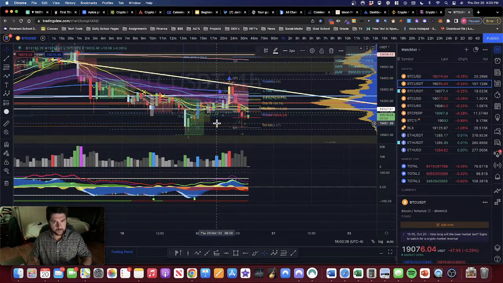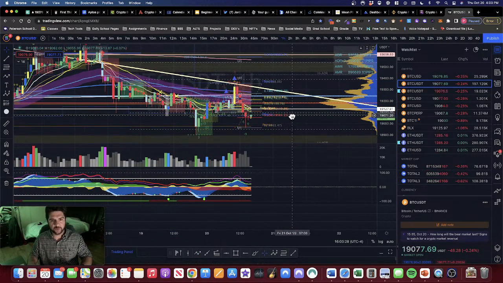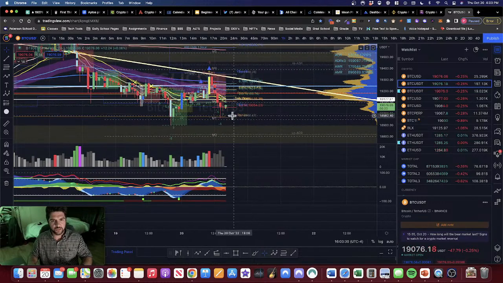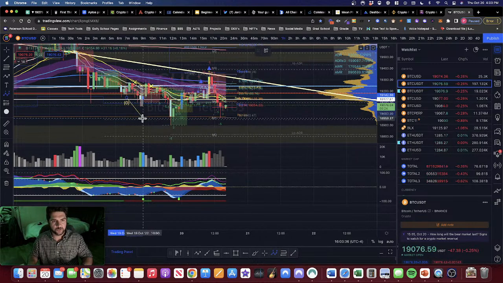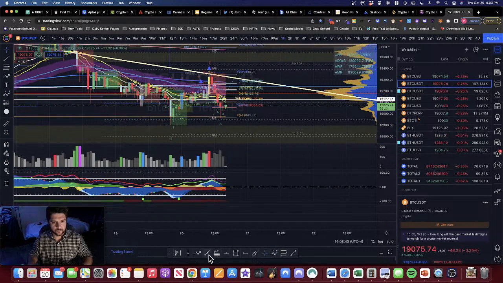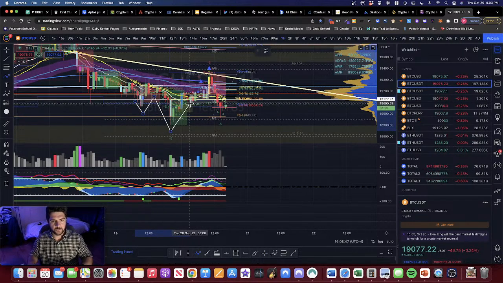Also, you had your inverse head and shoulders, which really isn't in play now. Here's your inverse head and shoulders. He painted this beautifully.